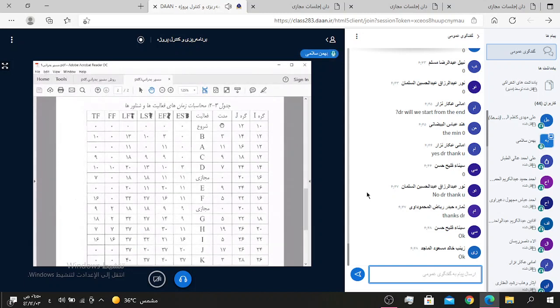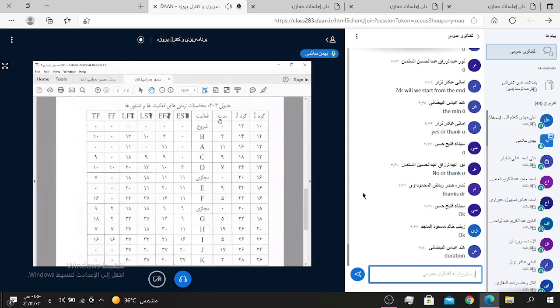Column 3, we write the muddat. Muddat in Persian language is time and duration. The muddat is duration of the activity. As you see, this is the duration of all activity. And column 4, we write fa'aliyat. Fa'aliyat means activity.